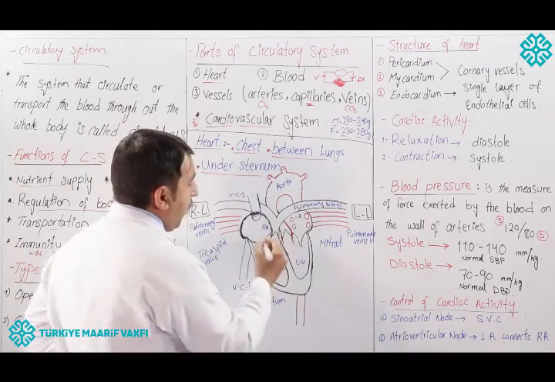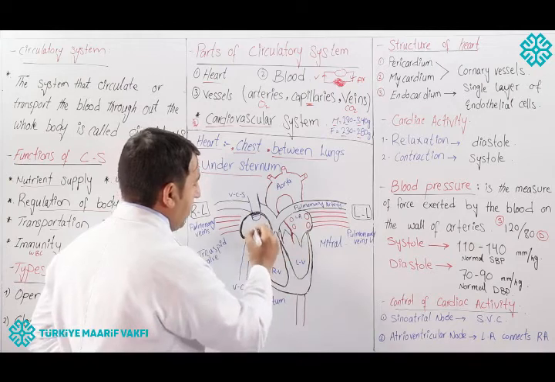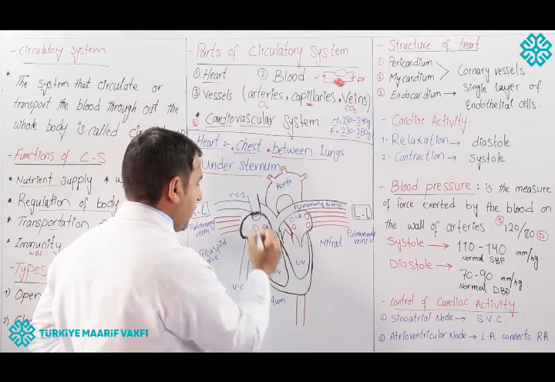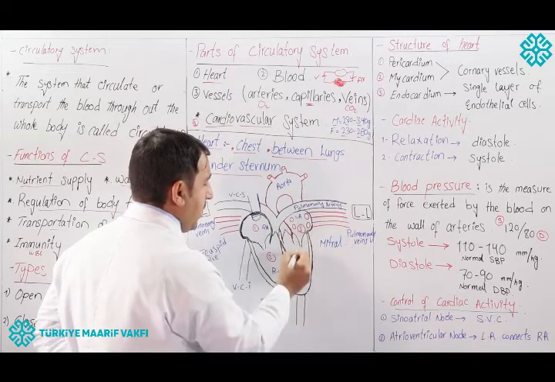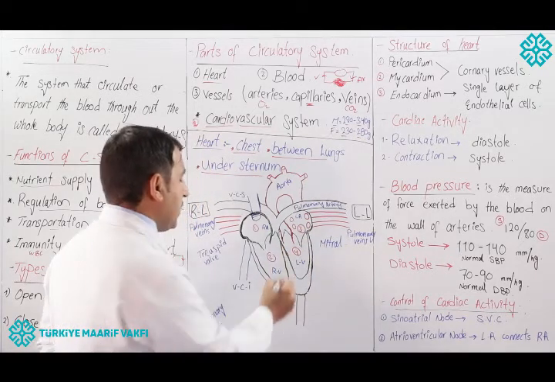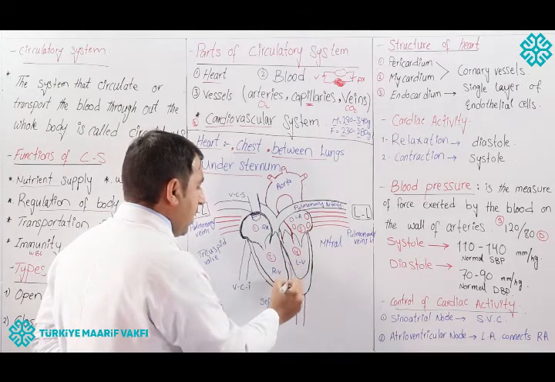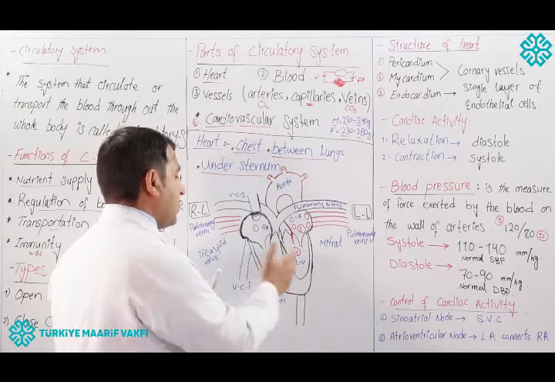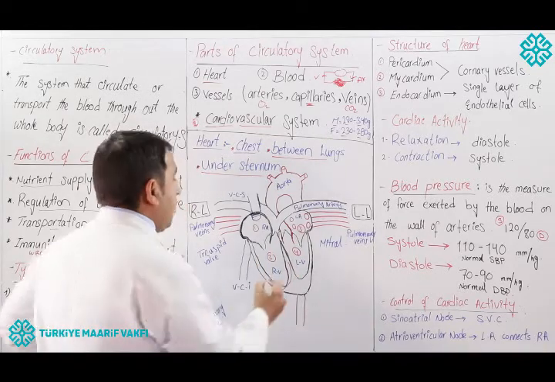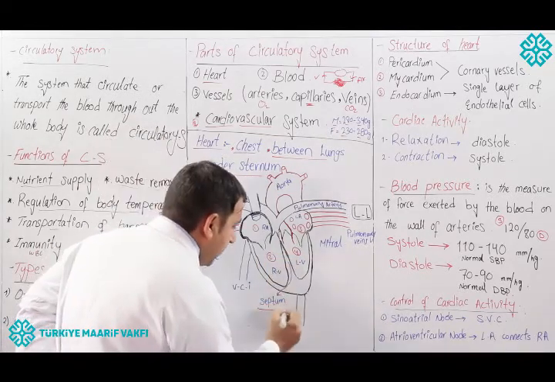We have 4 chambers in the heart. How many chambers? 4 chambers. The first chamber, second chamber, this one is the third chamber, and the fourth chamber. And we have a muscular valve between the right and left sides. The name of this valve is septum.